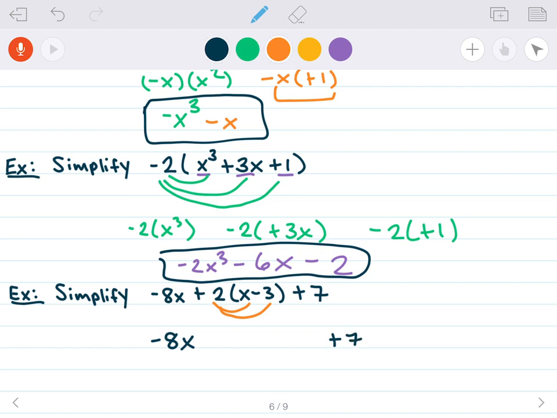But then I'm going to do positive 2 times x is a positive 2x. Positive 2 times negative 3 is a negative 6. And at this point, I can combine like terms, because these guys are like terms, and these guys are like terms. Okay, negative 8 plus 2 is going to give me negative 6x. And then negative 6 plus 7 is going to give me a positive 1. And that's my answer.